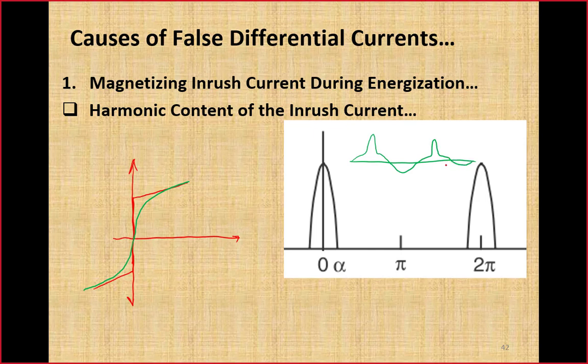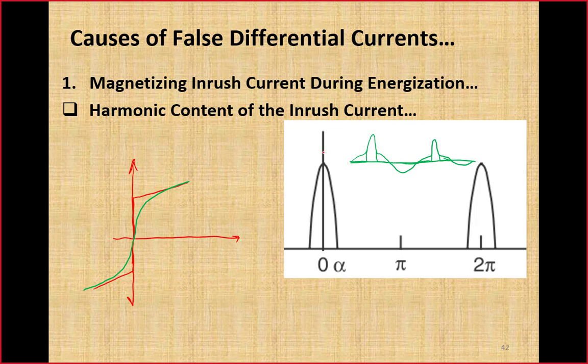As soon as we assume that the magnetic characteristic has infinite slope during the linear region, current in this portion becomes zero, where the transformer core was out of saturation. Same here for the complete negative cycle. Then again current becomes zero here and here. So we are left only with these peaks. Those peaks are the time instants where saturation is occurring.